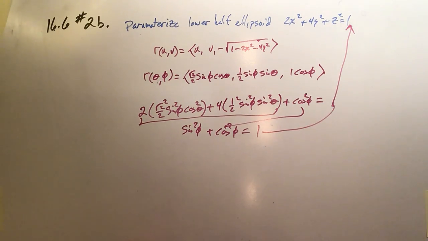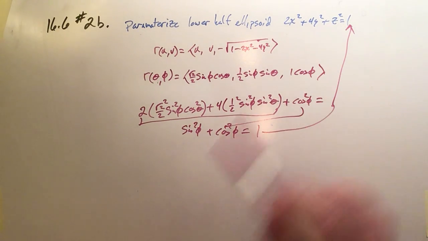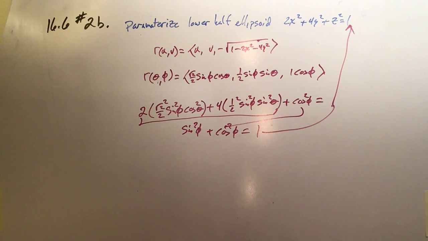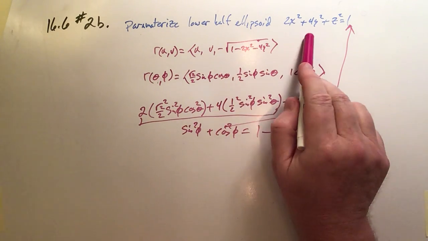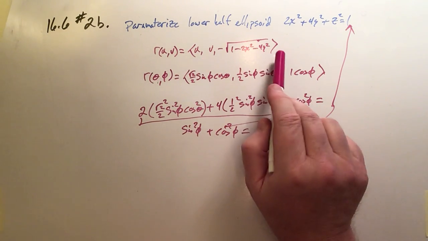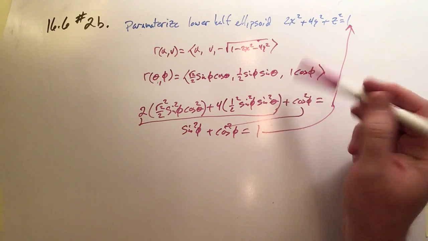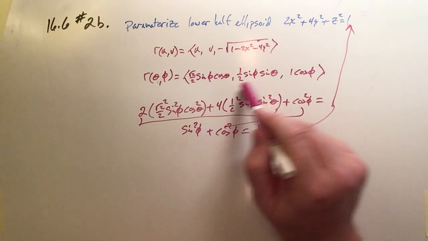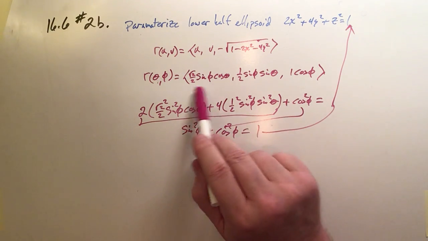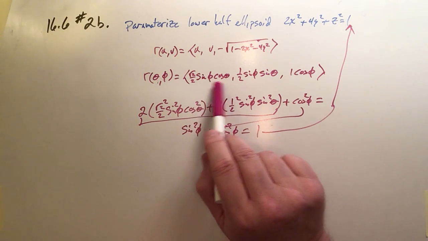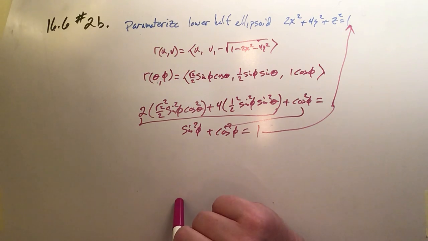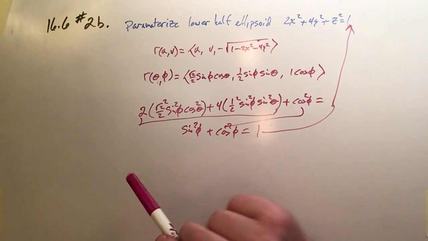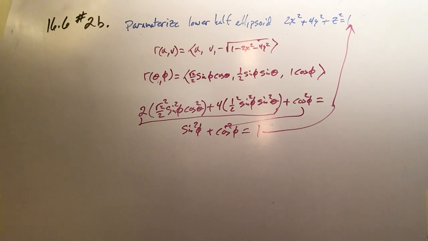So this parameterization is correct because it reforms the function we're after, and that's in essence all a parameterization has to do. It has to model a function. This one models it too, it's just messier, and I don't know what the limits would be, but this one's really valuable because I know what the limits are on all of these. I would know what limits to actually plug in for phi and for theta in order to reconstruct this entire thing. That's the value of parameterization.